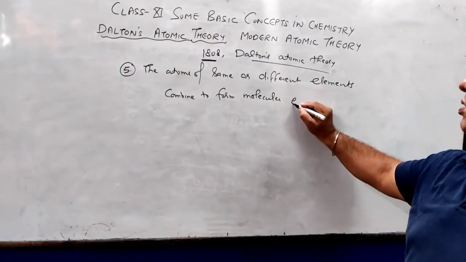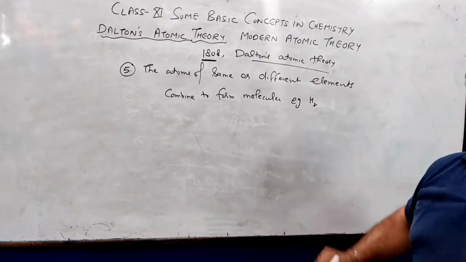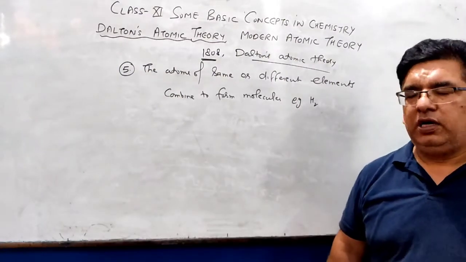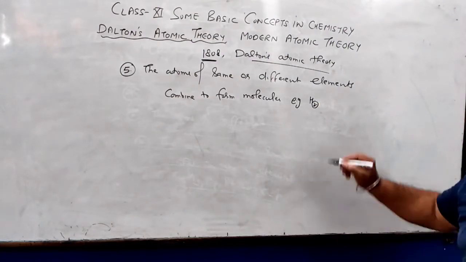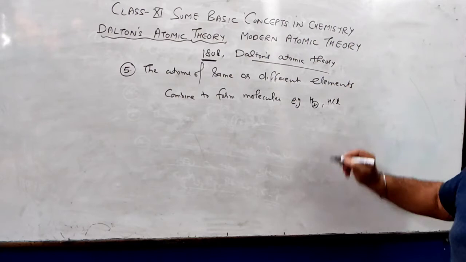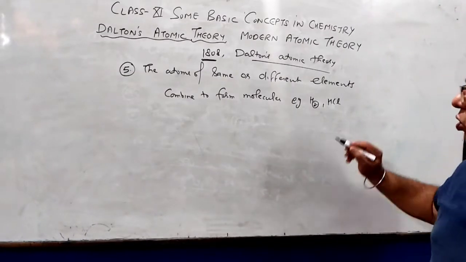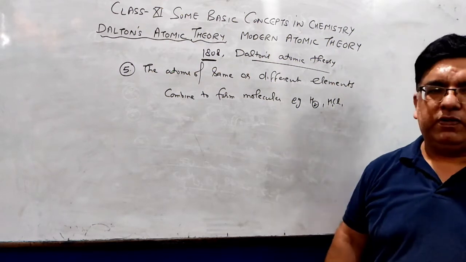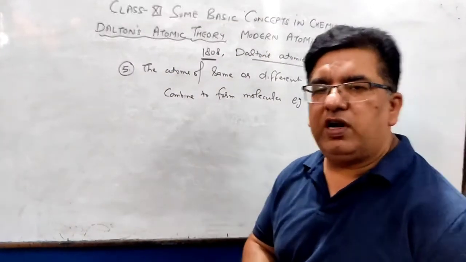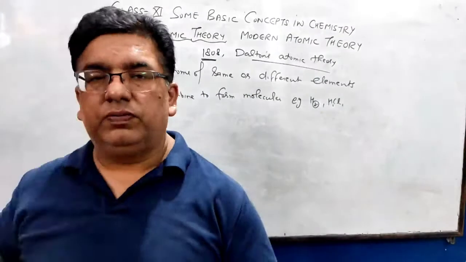For example, H2 is hydrogen gas, made up of two atoms of the hydrogen element, and HCl is made up of atoms of different elements, one atom of hydrogen and one atom of chlorine. So the atoms of the same or different elements combine to form molecules.